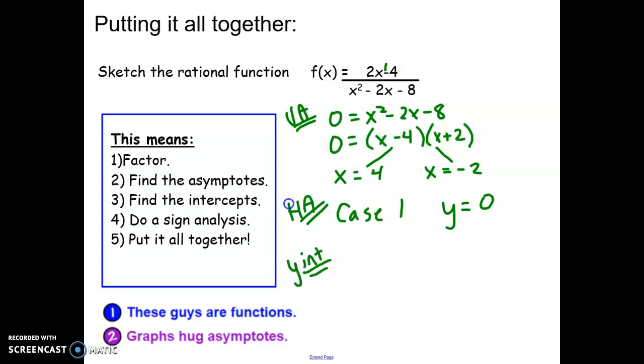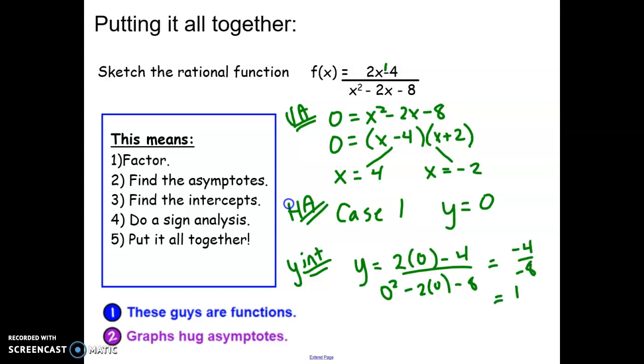The y-intercept, we set x to 0. So we get 2 times 0 minus 4 over 0 squared minus 2 times 0 minus 8, which, yes, everything is basically gone except the minus 4 and the minus 8. So we have a y-intercept of 1/2, positive 1/2, because -4 divided by -8.